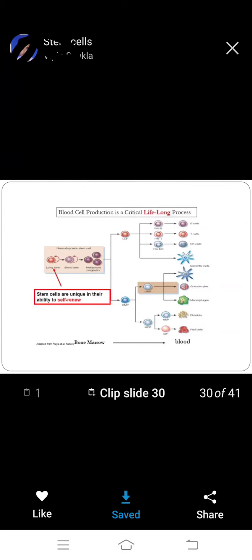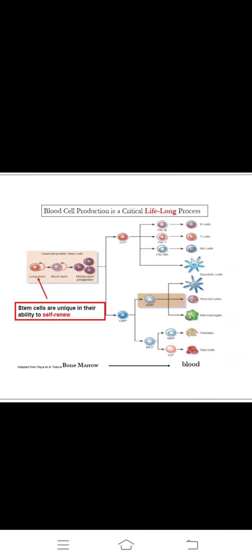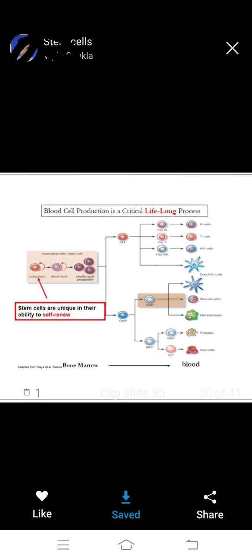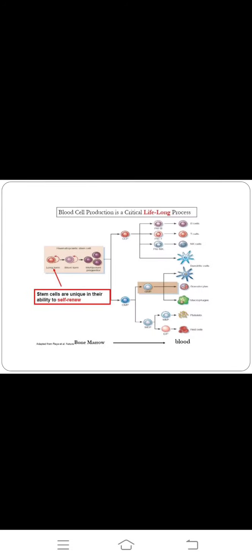Blood cell production is a critical lifelong process. How does it form? Stem cells are unique in their ability to self-renew. These cells form in the bone marrow and give rise to blood cells.